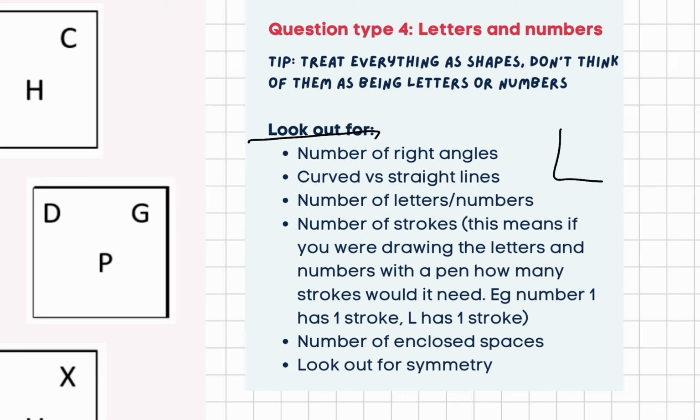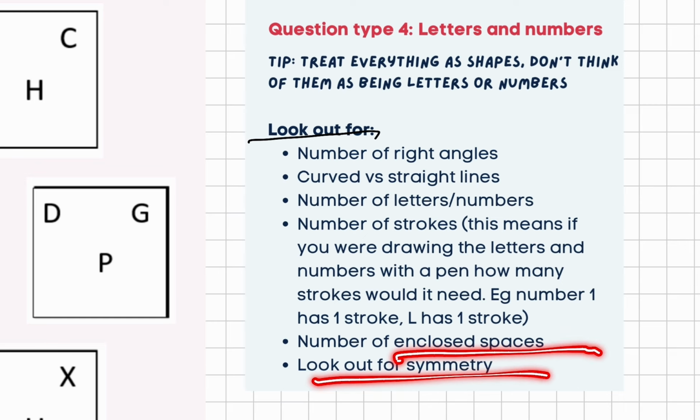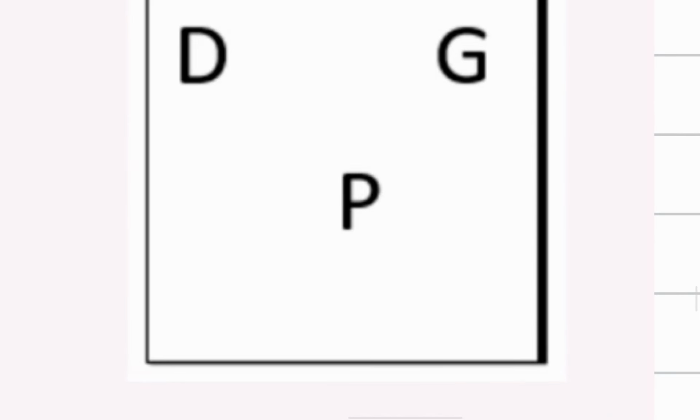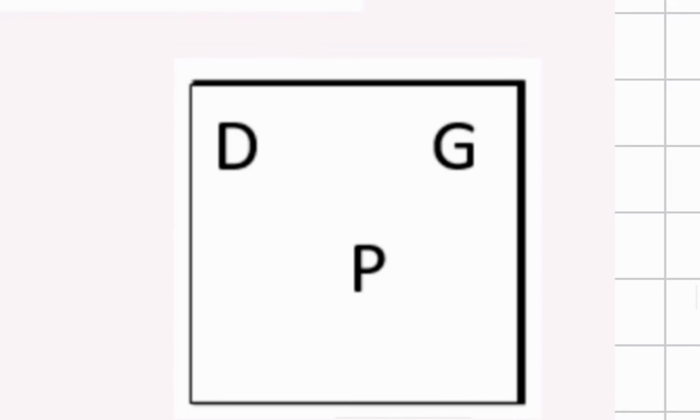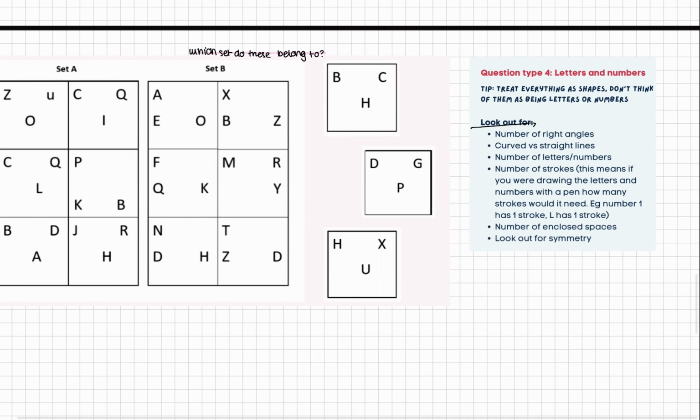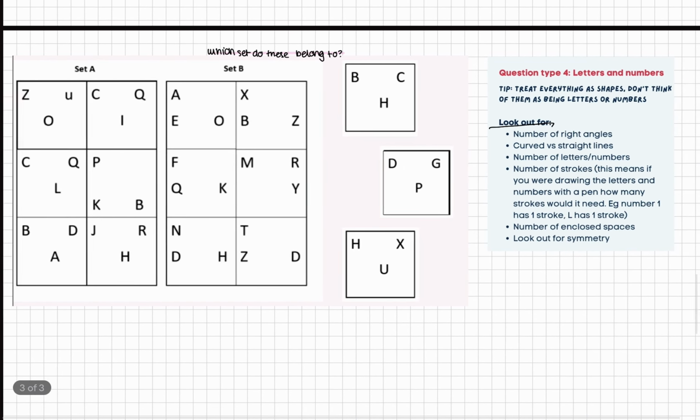For example, the letter L has 1, A has 2, so that's what that basically means. And the number of enclosed shapes and horizontal and vertical symmetry. So enclosed shape is just like, for example, this P, it has 1 enclosed shape, the D has 1. None of these have an enclosed shape. That's what that means.